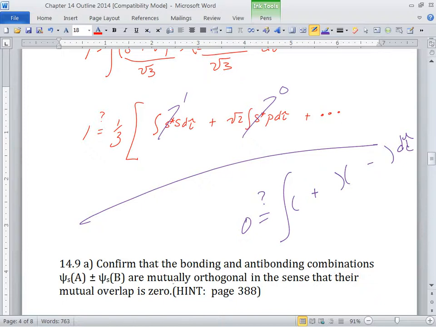They say that in the sense that their mutual overlap is 0. So in other words, the integral of psi A psi B will be 0. The ones that were the same, AA, would be 1. Right? And that's the game you got to play, just like you did with number 8.